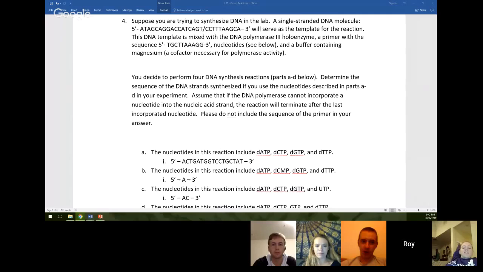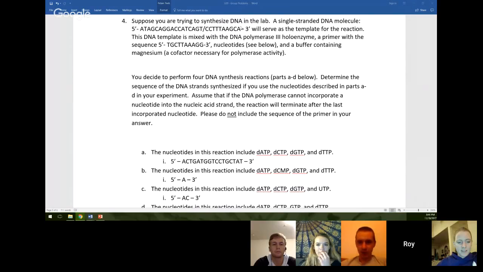All right. So number 4 asks, you're trying to synthesize DNA in the lab, and they give you the strand and the RNA primer. So the first thing you have to do is figure out where the primer matches up, and it ends up being that last portion of the strand, which reading it from 5' to 3' is CCTTTAAGCA.